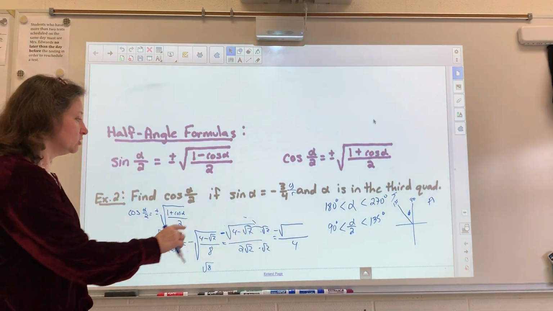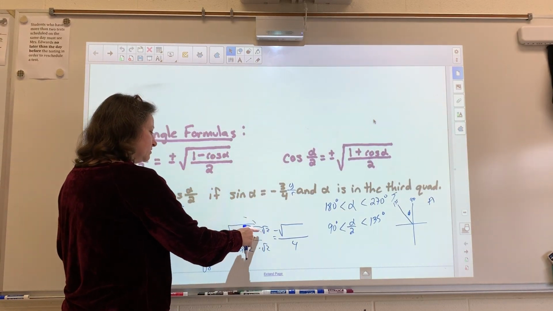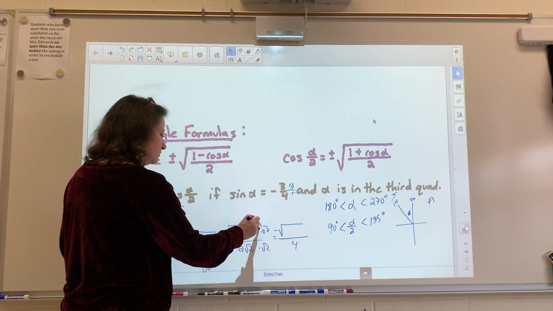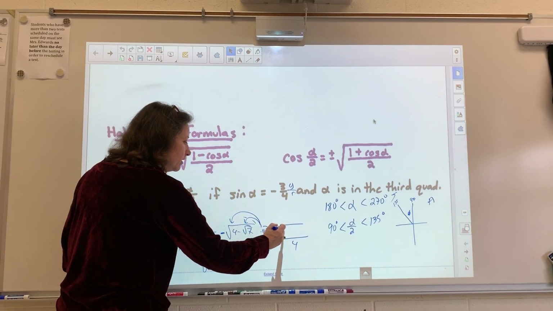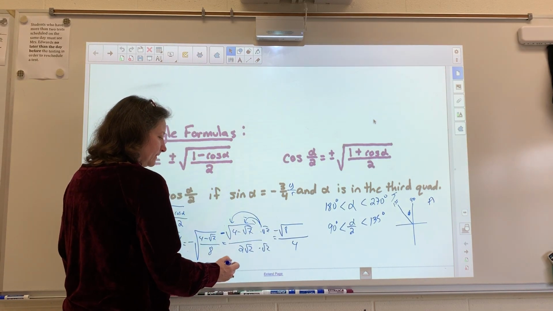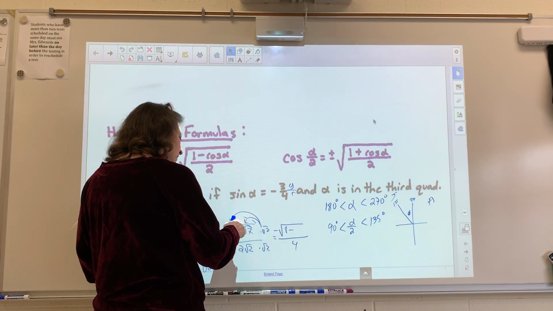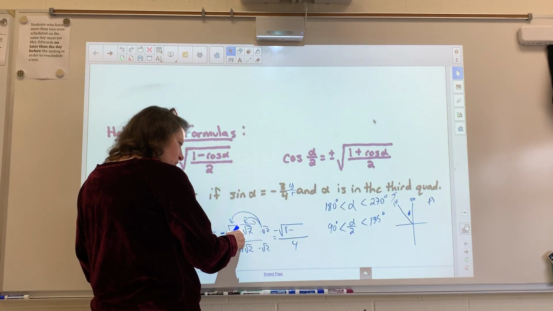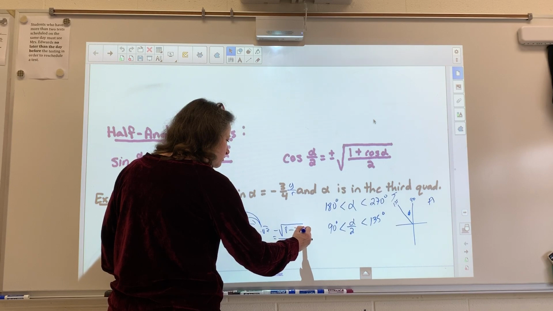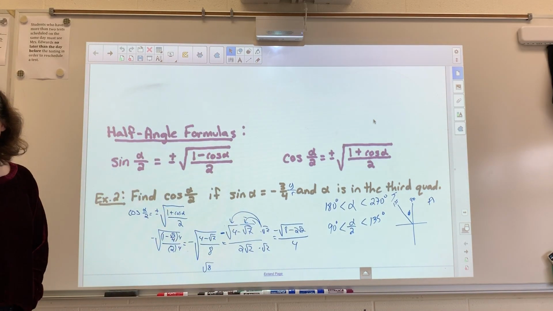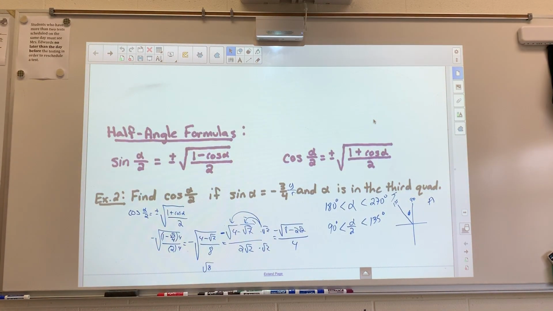Yes, you can. Square root of 2 times square root of 4 gives me square root of 8, minus square root of 2 times this square root will give me 2 root 7. That root 7 is a different square root that's on the inside.